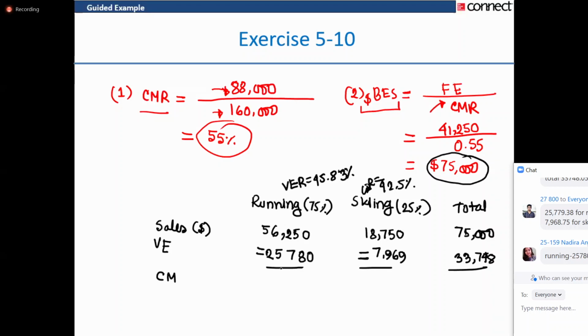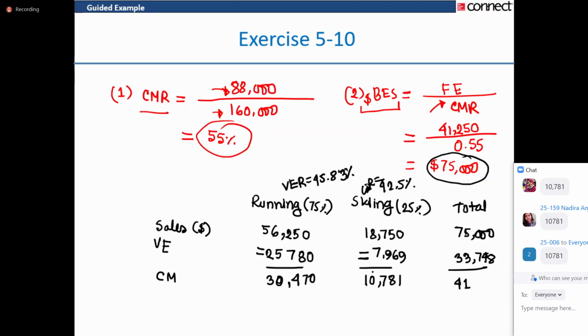What should be the contribution margin here for running? 30,000 something. 30,470, and for skiing it should be 10,000 something, 10,781, and in total it should be 41,000.